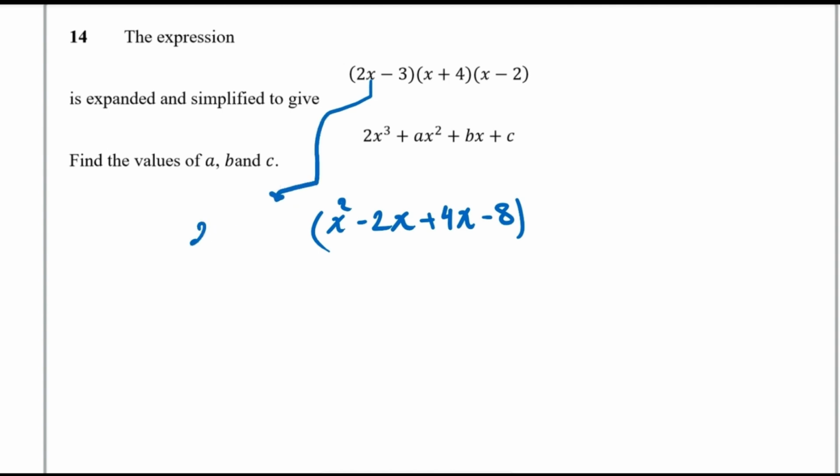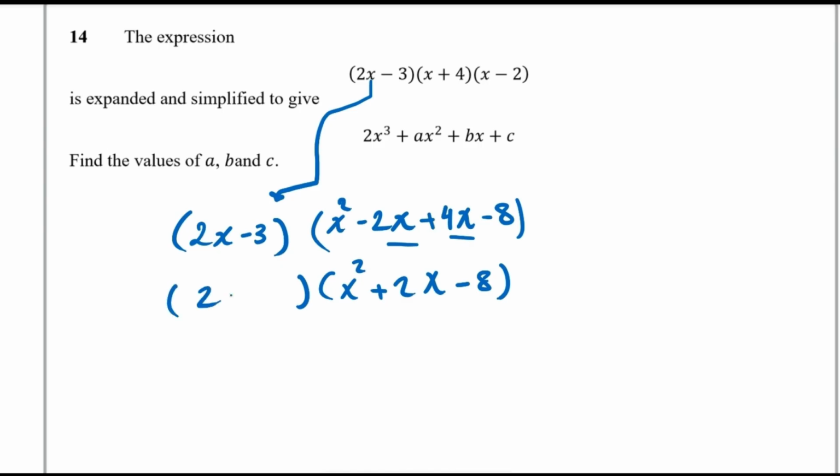So 2x take away 3. It's easier for you to collect like terms now. This is 4x and minus 2x. That would be 2x, so x squared plus 2x minus 8 and times the first bracket, 2x minus 3.